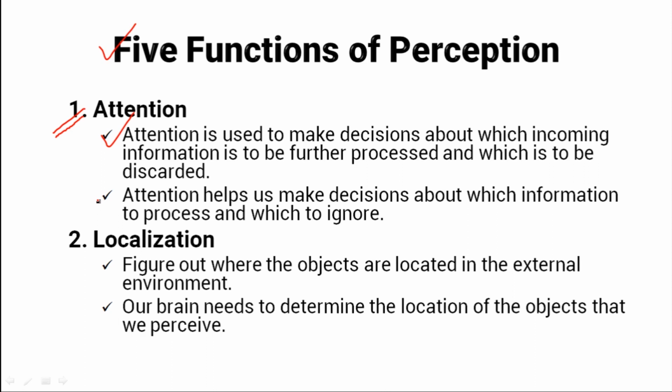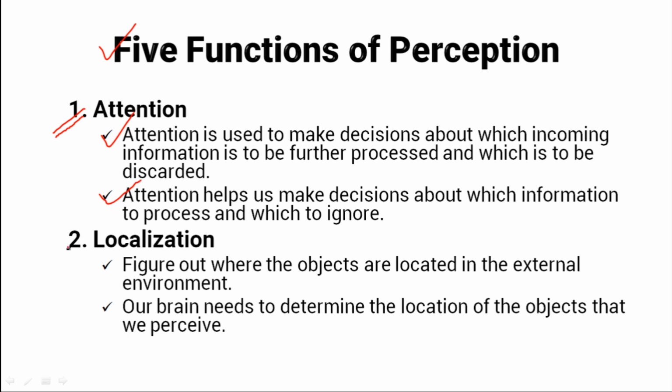So you need to use your attention to filter out the information that is not important at that moment and focus on the information that is relevant and necessary for driving. This is how attention helps us make decisions about which information to process and which to ignore.